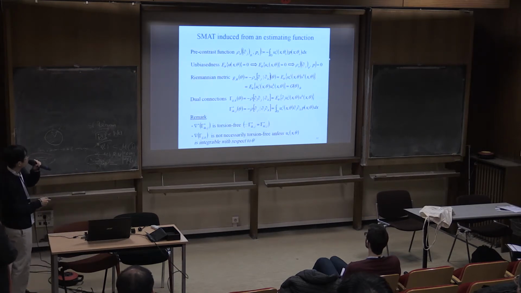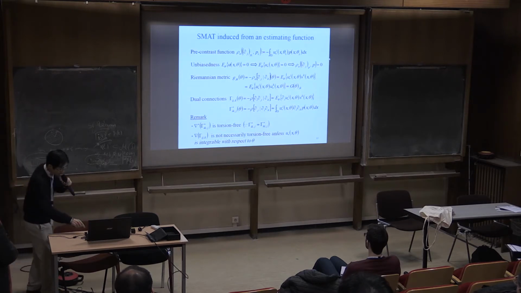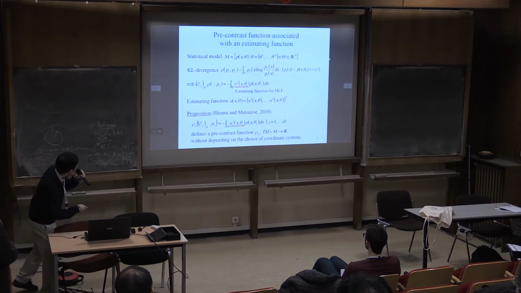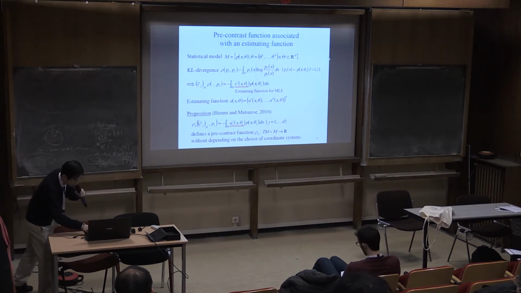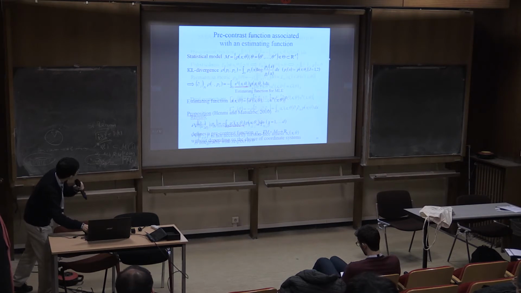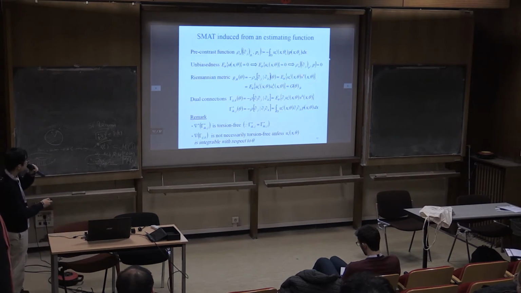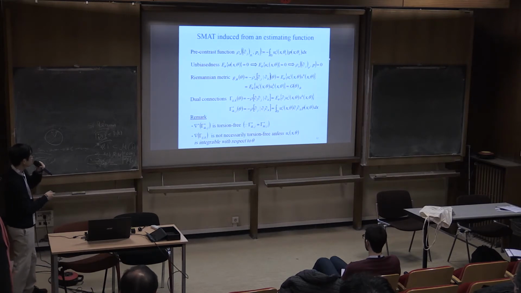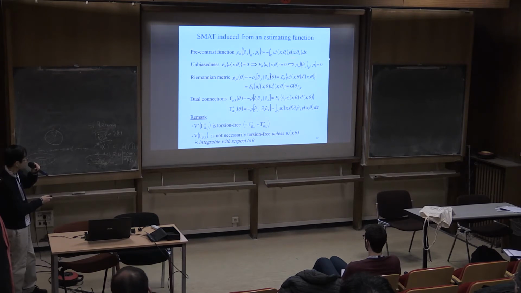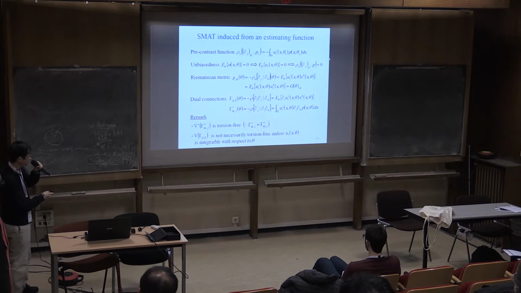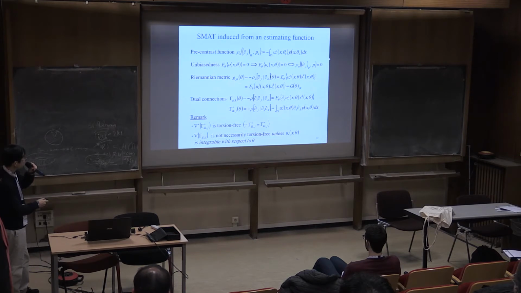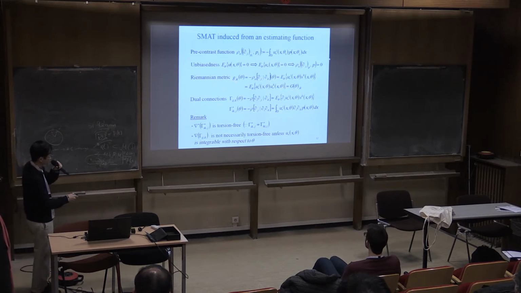And then from this pre-contrast function, we can obtain the structure of the statistical manifold. From the unbiasedness of the estimating function, we obtain the second condition in the definition of the pre-contrast function. Then the Riemannian metric can be calculated like this, and it is given by the Godambe information matrix.